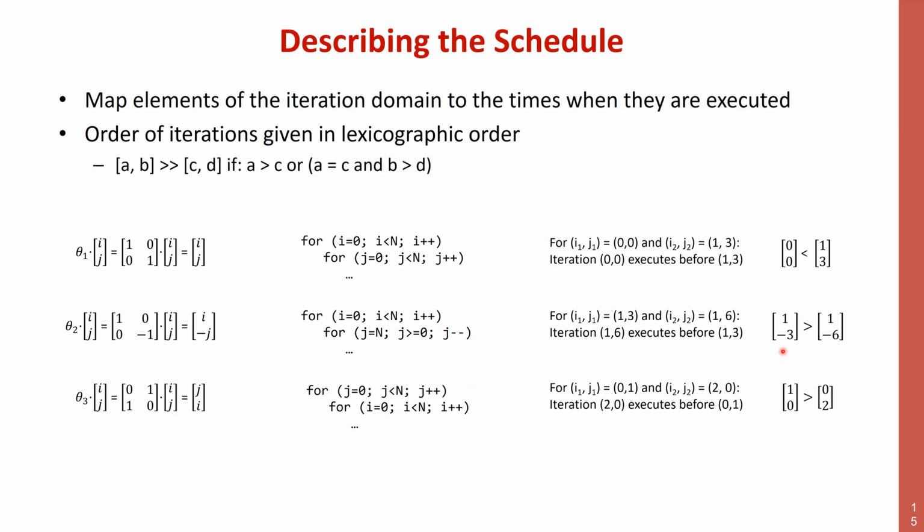So again, now you can develop, and I'm not even telling you how to do it, but you have a guarantee that you can write this matrix, and this matrix will tell you in which order a vector of iterators, the corresponding iterations, will have to be done, or were done by the program.